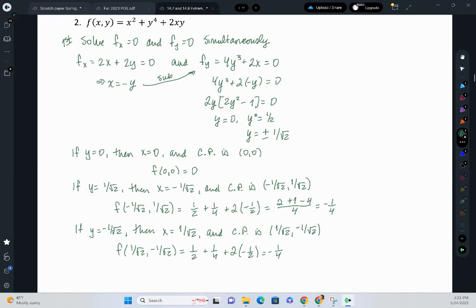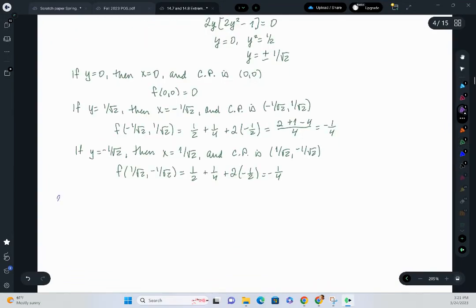Okay. All right. Second step is to calculate the second derivative test. And that's the big D of xy equals f sub xx times f sub yy minus f sub xy times f sub yx.